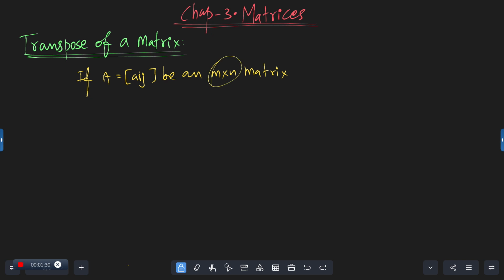If you take the transpose, the m by n will be interchanged into n by m. Rows will change into columns. Be careful. Right, fine.